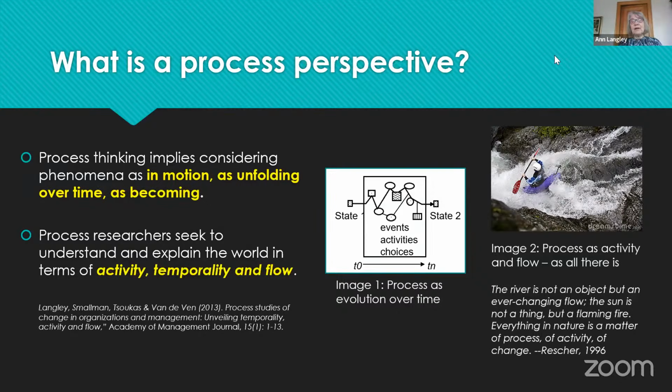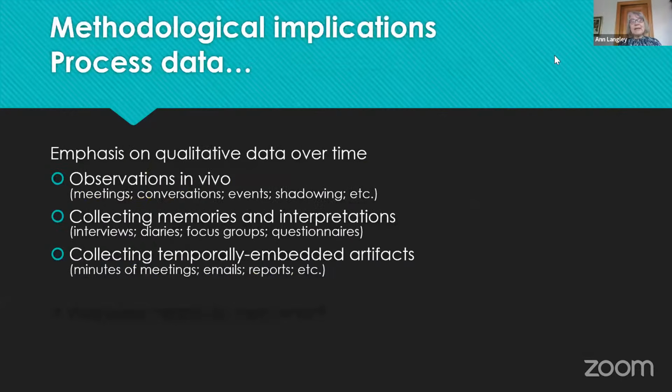So if you are taking a process perspective, you want to capture that activity and flow. And so you're going to collect data. And what are your data going to look like? Well, typically, process data involves at least three different kinds of things.